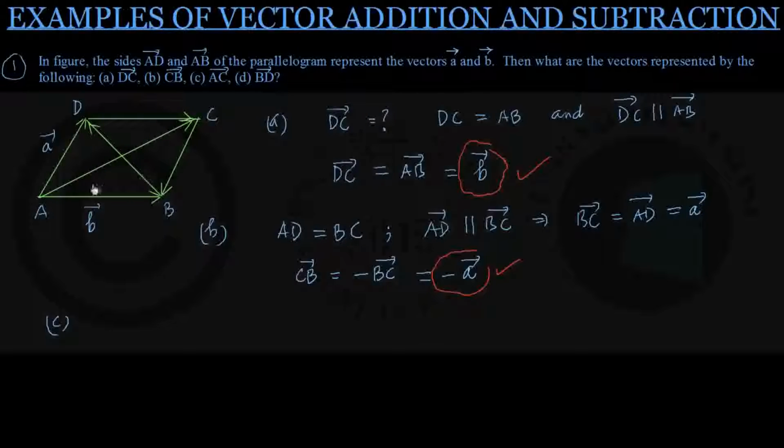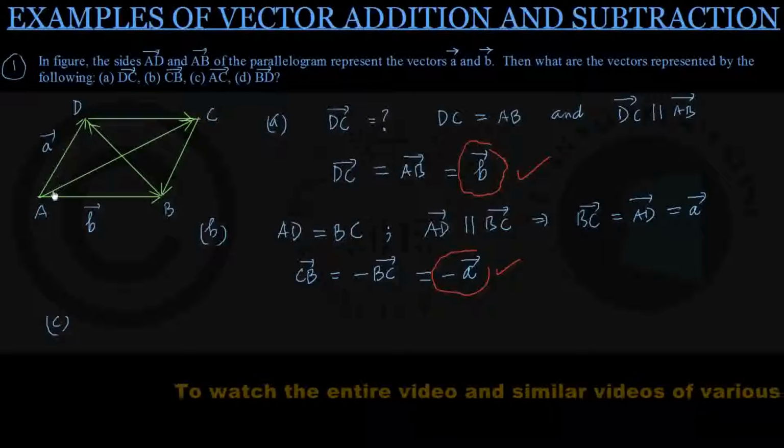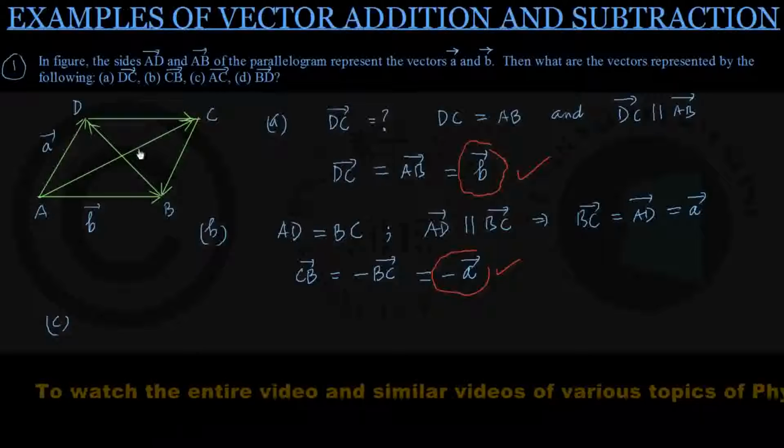In part C, of course, AC, there is nothing to comment because that is the law you have already learned. In a parallelogram, if AB and AD represent vectors B and A, the diagonal passing through the common tail represents their resultant or vector sum.